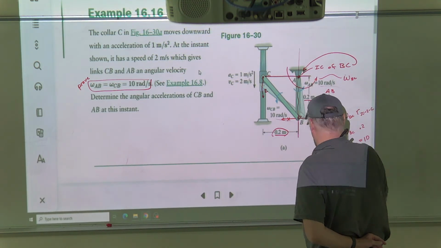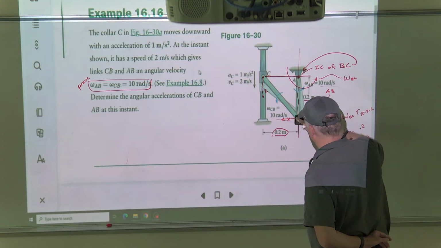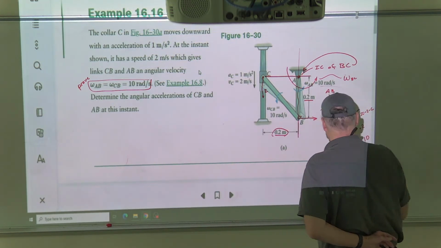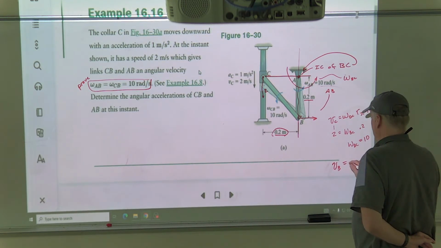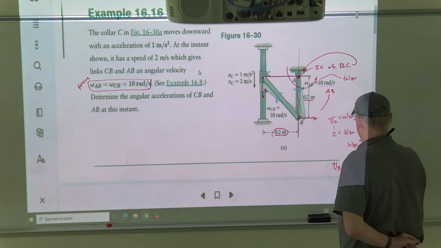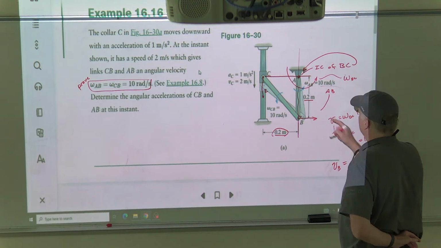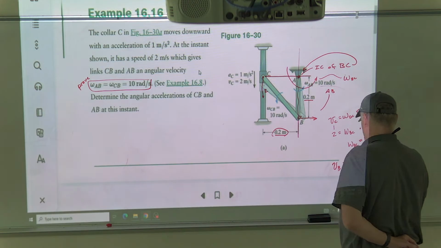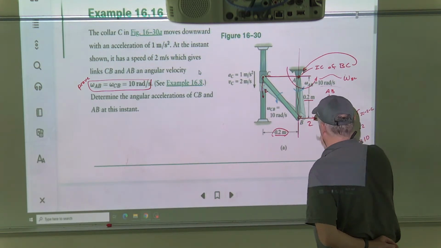So that means this velocity is true and that one's false. And it's moving to the right. And what is that velocity? Well, it's 0.2 meters, times the omega of that thing, which is 10, which gives me that being 2.